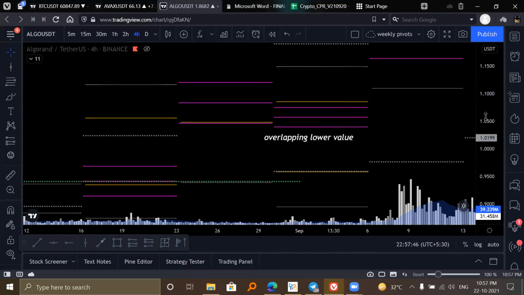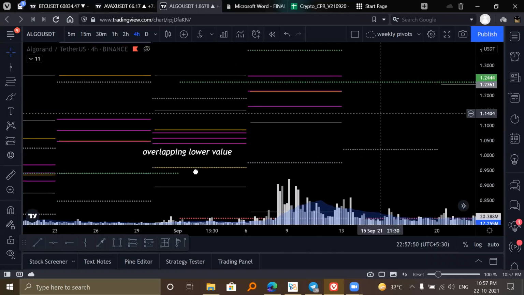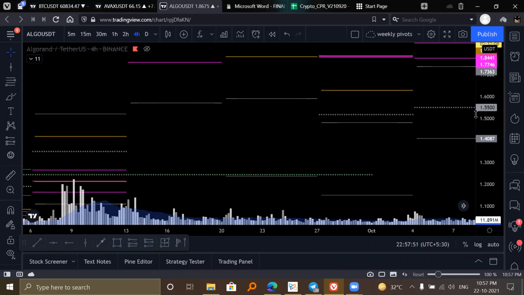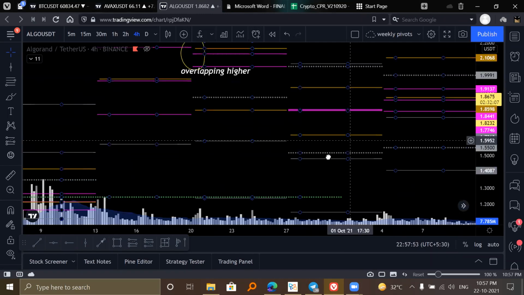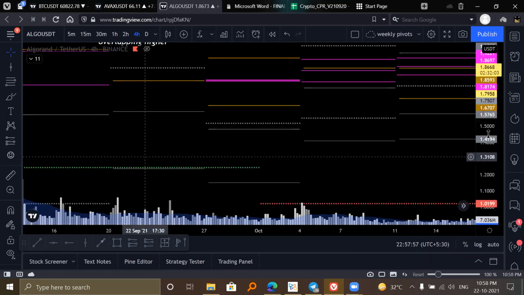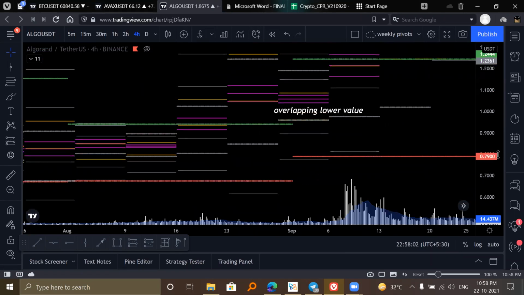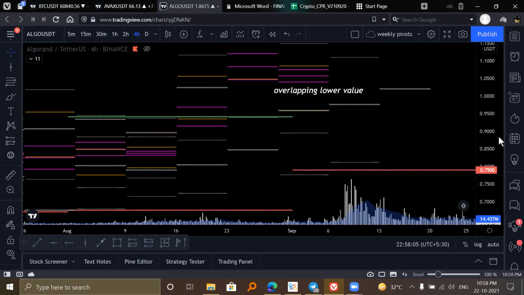Okay, the next one is inside and outside. Inside is quite difficult to get.